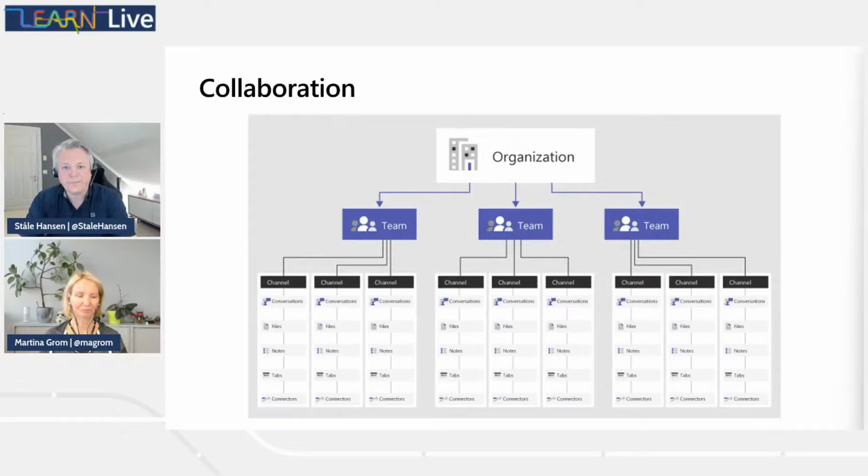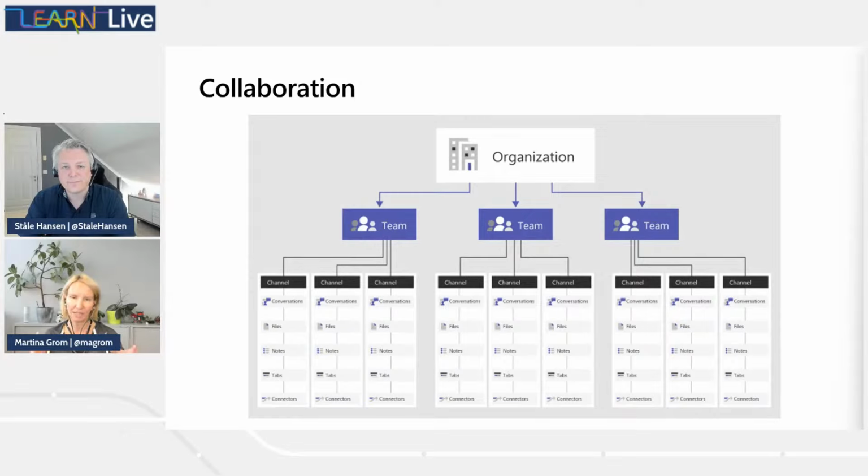Yeah, that's true. So also what you see here from a team type, a team can be dynamic or project-based work. You can create teams for running projects, you can create teams for your departments, or they can reflect the internal structure of your organization.